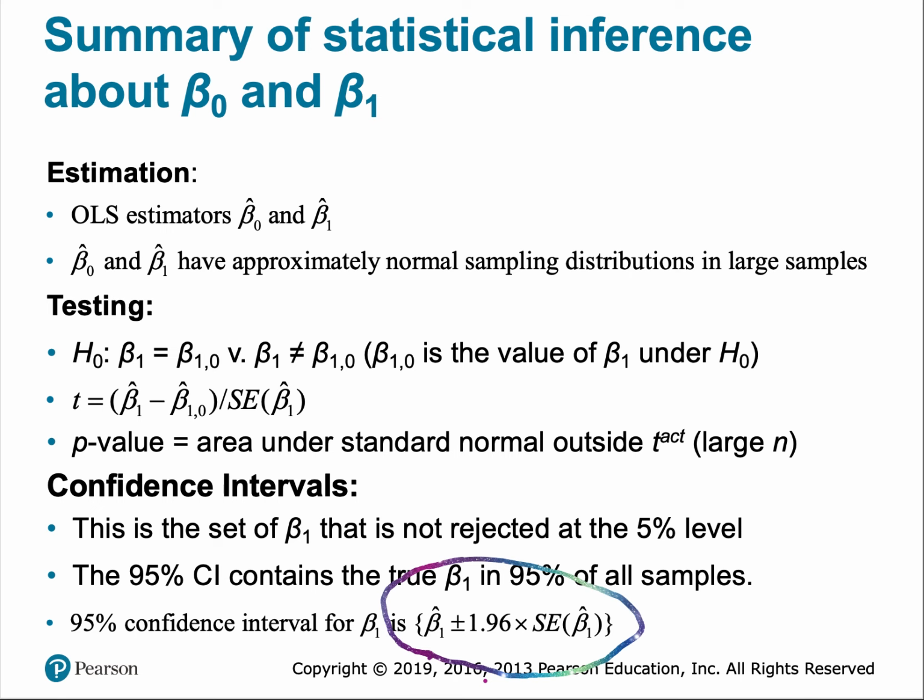Whether the hypothesized value is 0 or some other value outside this range, the t-statistic is going to reject it, because we are not confident that in 95% of all possible samples the true beta 1 can be equal to that value, since it is outside of this range.